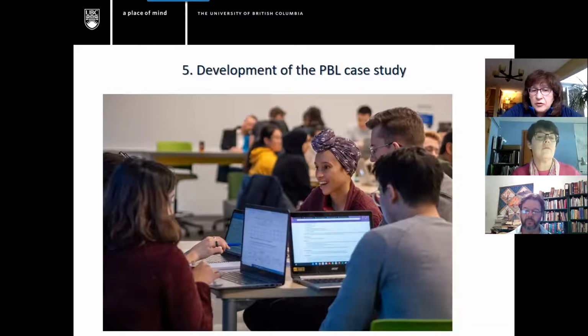And this photo here shows a group of students who is looking at a handout for one of the weeks, and they are discussing tasks that they have to address during that case that they are working on.